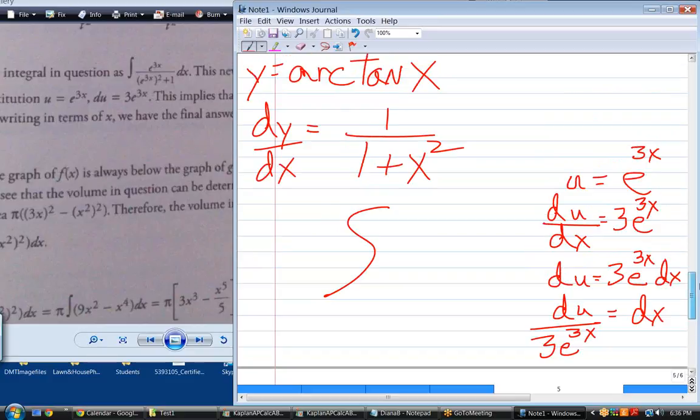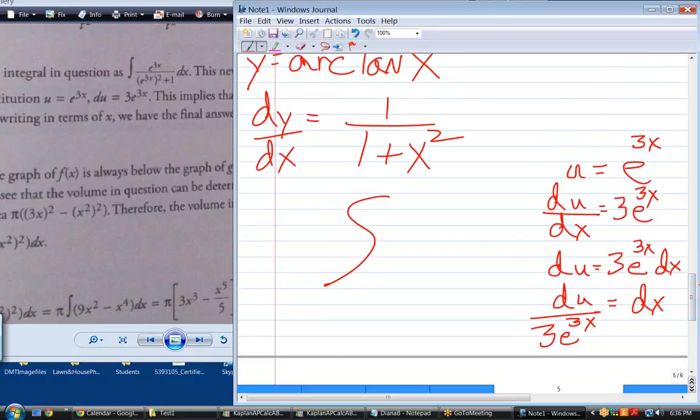So if I'm substituting, I've got in this case u, that's my e to the 3x right there, over u squared plus 1, but u is just e to the 3x, right?